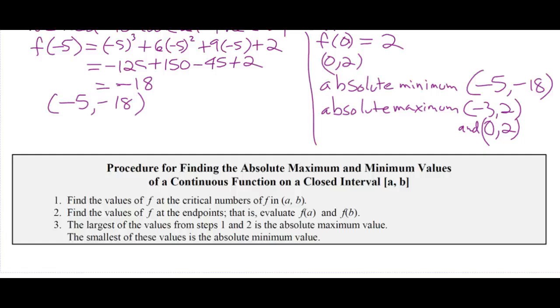It doesn't say there will be one, it just says if there's one, then it's going to occur here. Find the values of f at the endpoints. So look at f of a and f of b, if we are restricted to an interval. The largest of the values from steps 1 and 2 is the absolute maximum value. The smallest of these values is the absolute minimum value. Okay?